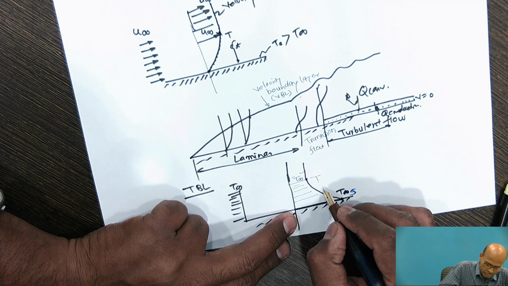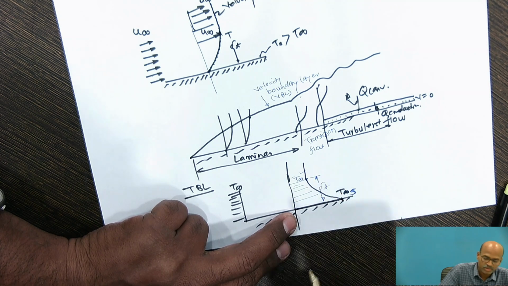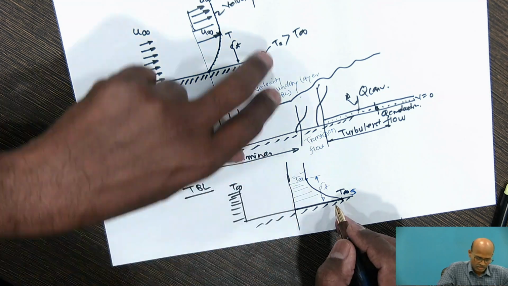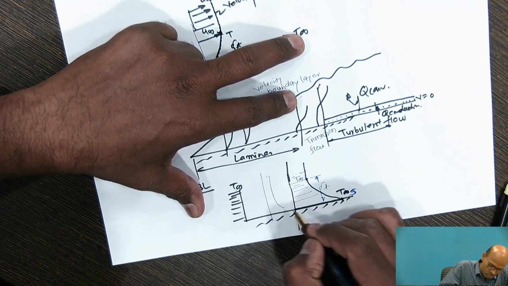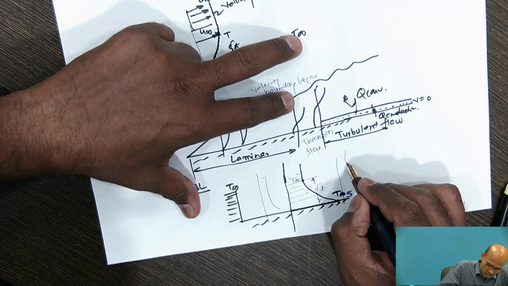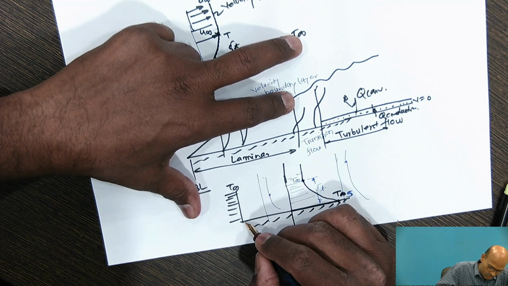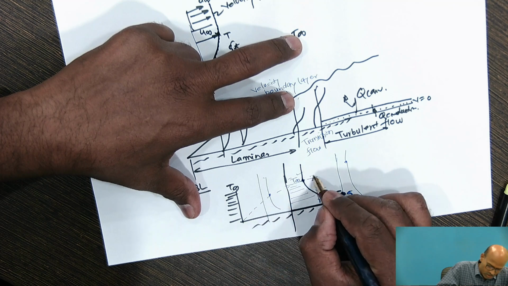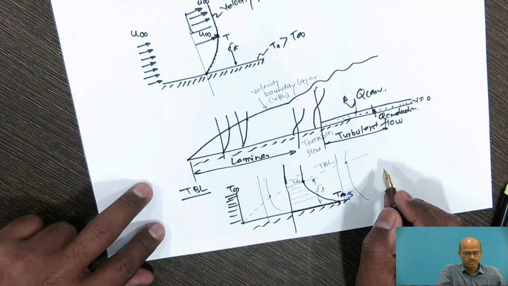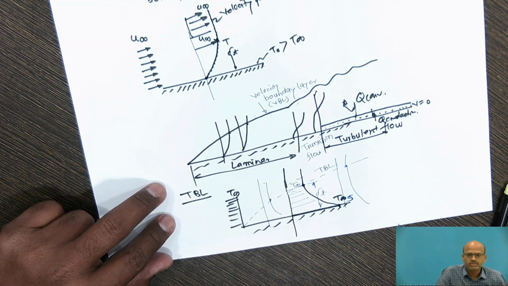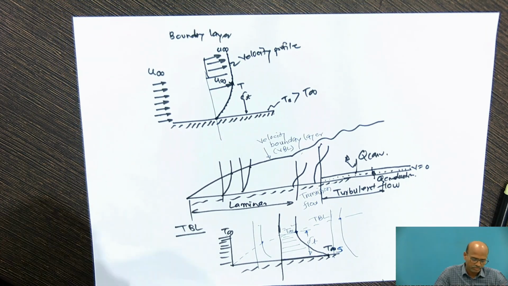This is called the thermal boundary layer thickness. Similarly, at different cross sections, if you draw these boundary layers and draw a smooth curve through all these free stream points, then this is known as the thermal boundary layer. So these are the two different boundary layers in the convective heat transfer mode.